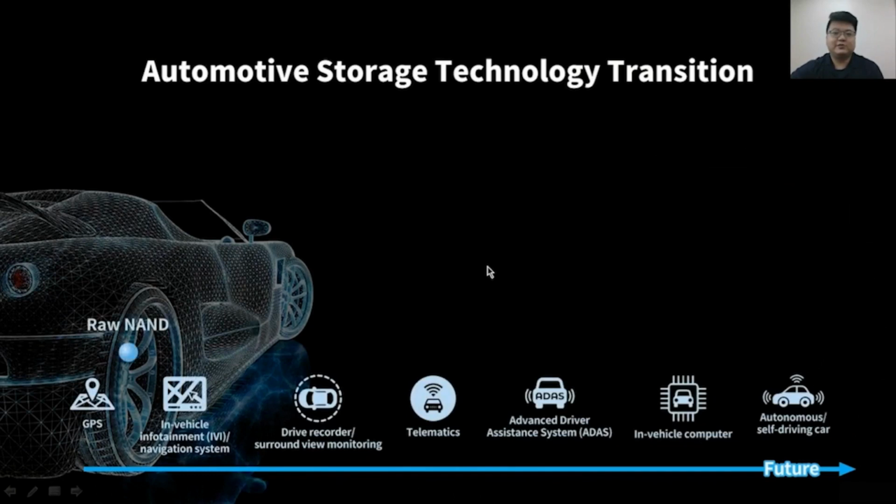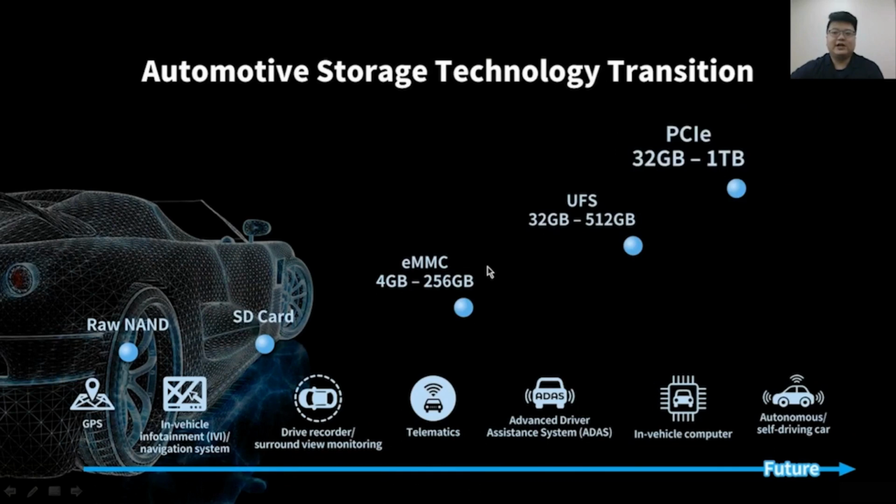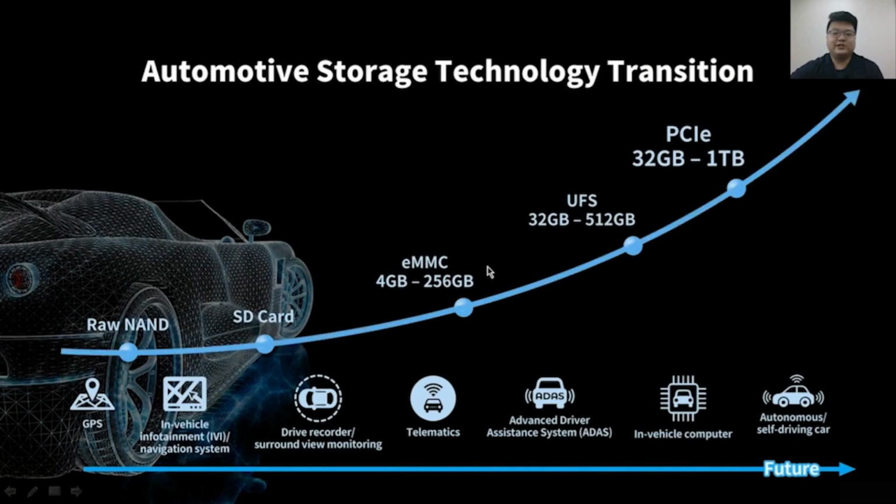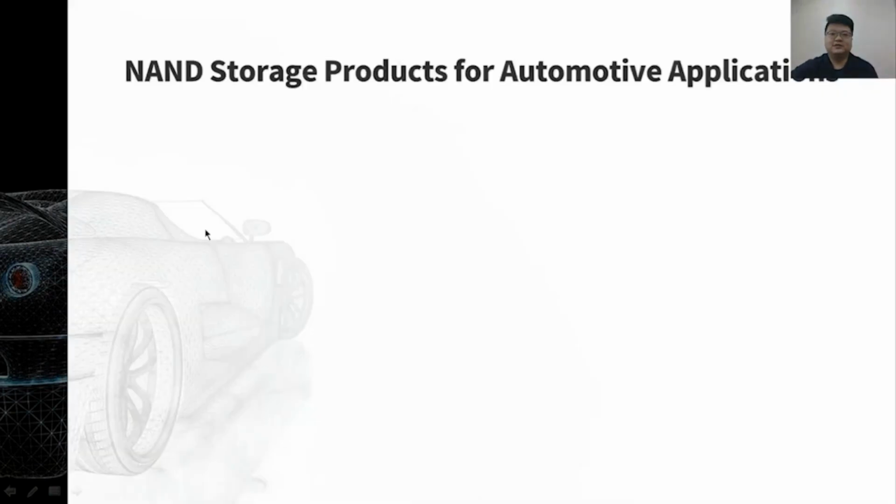In the beginning, we had ROM in the car. And then there was an SD card to put the map and some other things in the car. And then we have eMMC and UFS for better performance and also capacities. And now we have PCIe storage for the fastest storage and for all the applications that we're showing here.